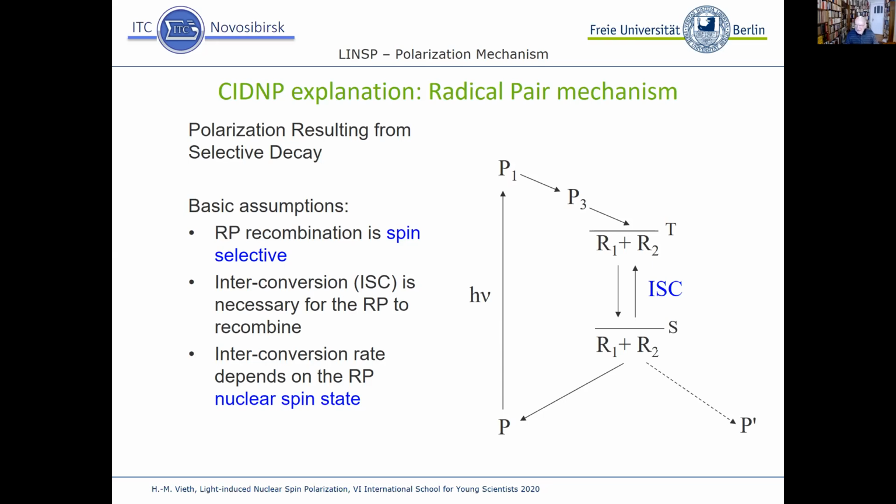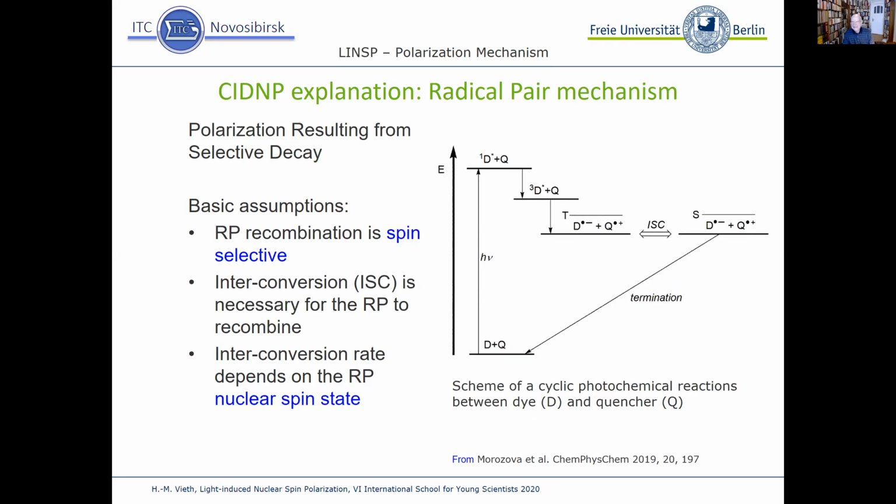They can go from the triplet state to the singlet state only at a slower pace and come later.